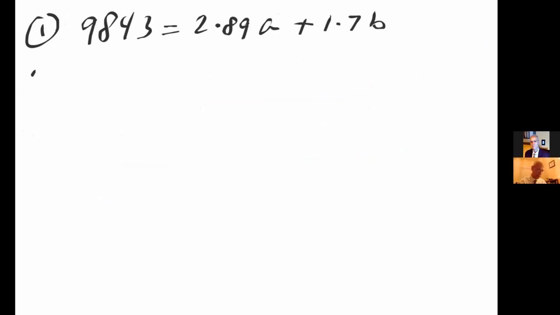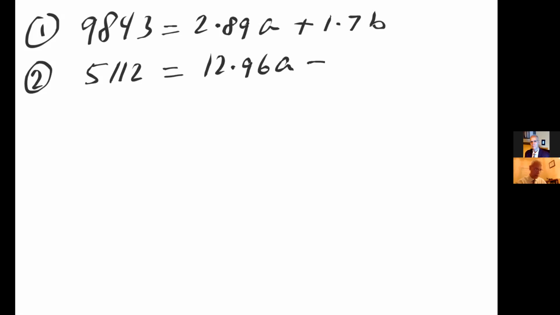Equation 2 is 5112 equals the square of 3.6, which is 12.96, a plus 3.6 b. Remember, I'm not going to write down plus 0. It's just not necessary. So at this point, I'm going to go ahead and use substitution. You can use elimination, but I think I'm going to use substitution.